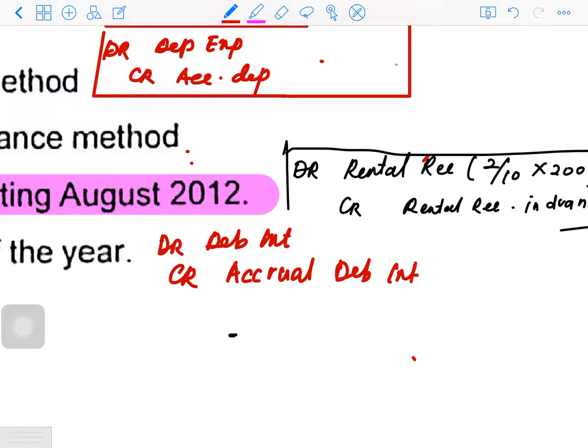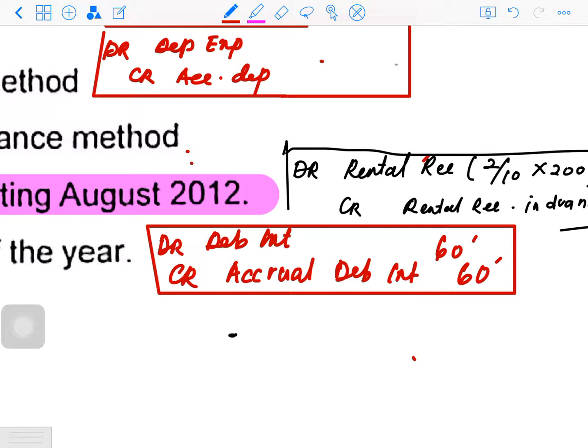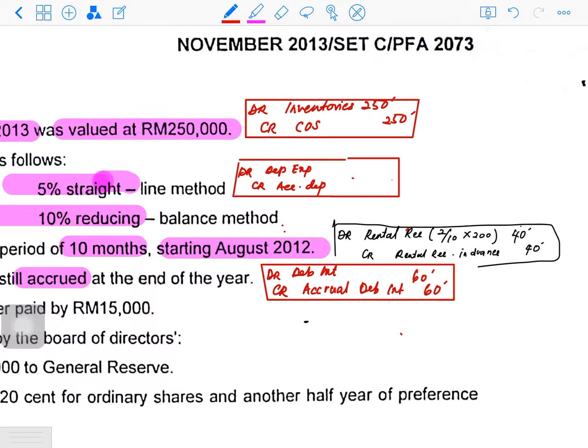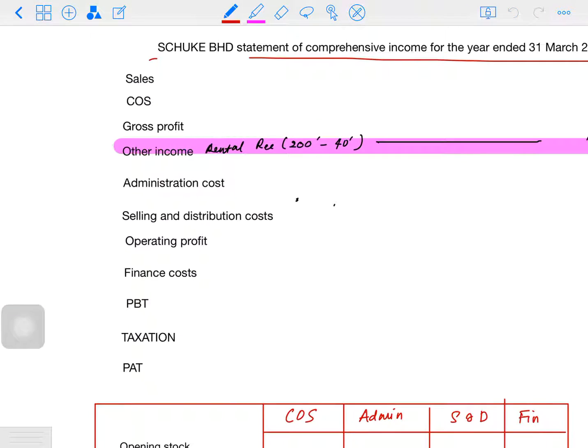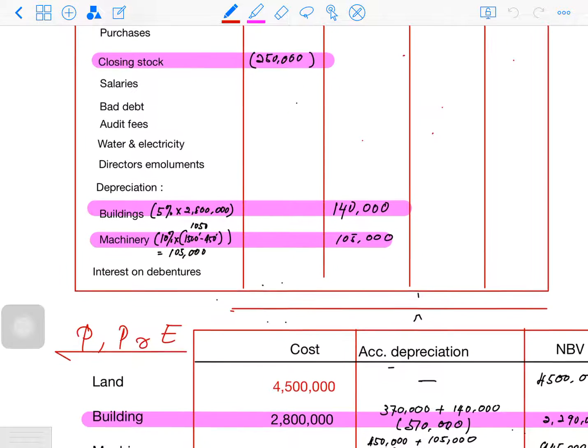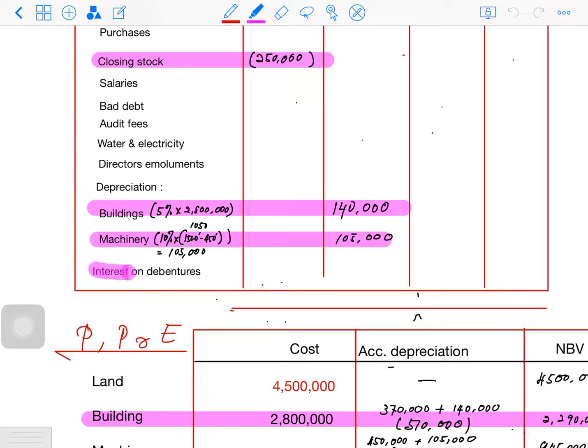How much? 60,000. So debenture interest, you have to decide what is the category in terms of expense.